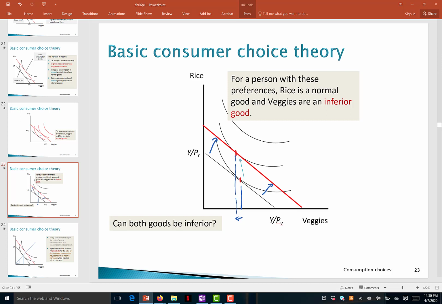Now, veggies might not be the most typical example of an inferior good, but if you think of, instead of veggies, very low quality ground beef, or maybe noodles or something like that, higher income tends for most people to lower consumption of those goods.